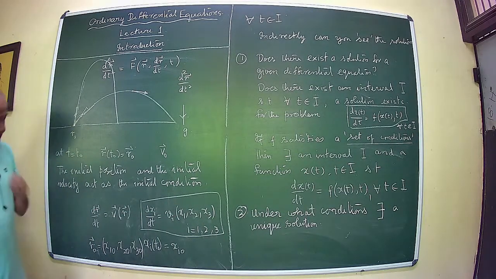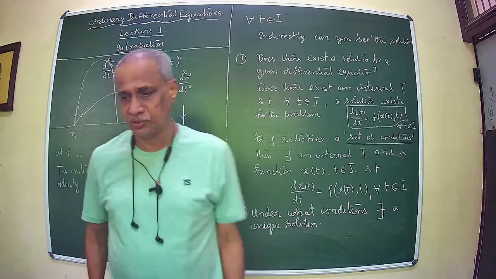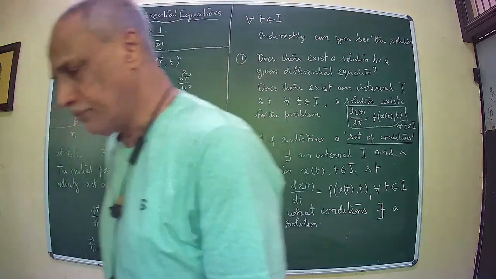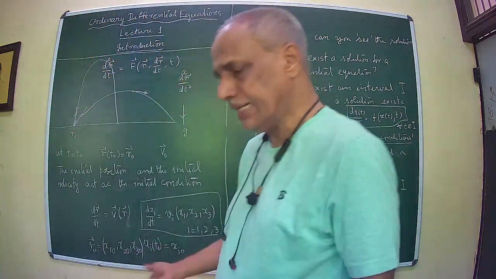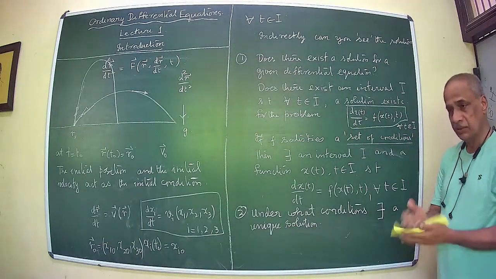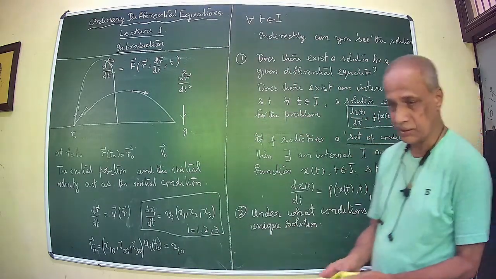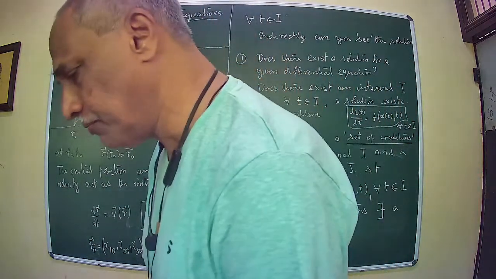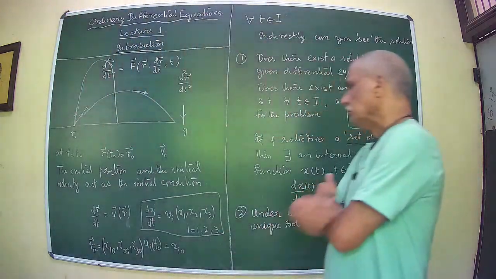What is the third position? Now you know that when you solve a differential equation, as I said, explicitly writing down the solutions is nearly impossible except in a very few handful of cases.